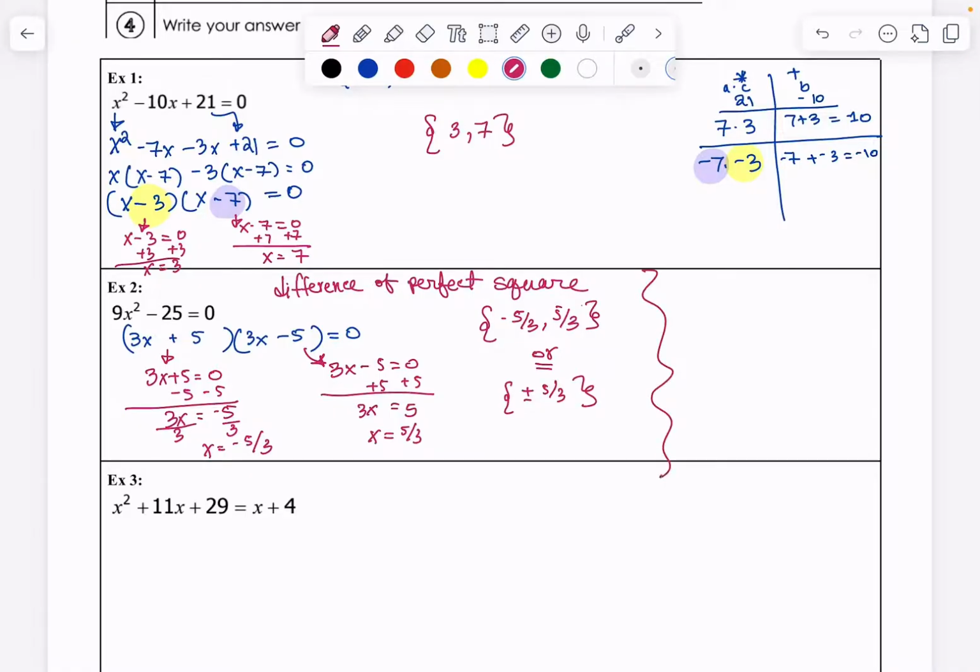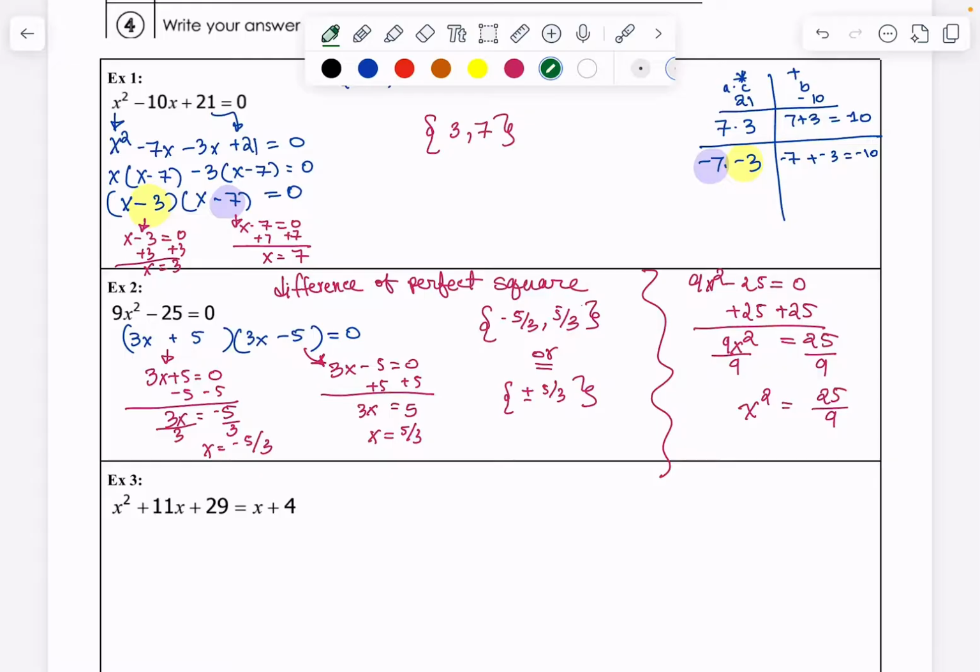Another way of doing this problem is if you have 9x squared minus 25 is equal to 0, you take the approach of inverse operation. You add 25 on both sides. You get 9x squared is equal to 25, and then you divide by 9. And you get x squared is equal to 25 over 9.